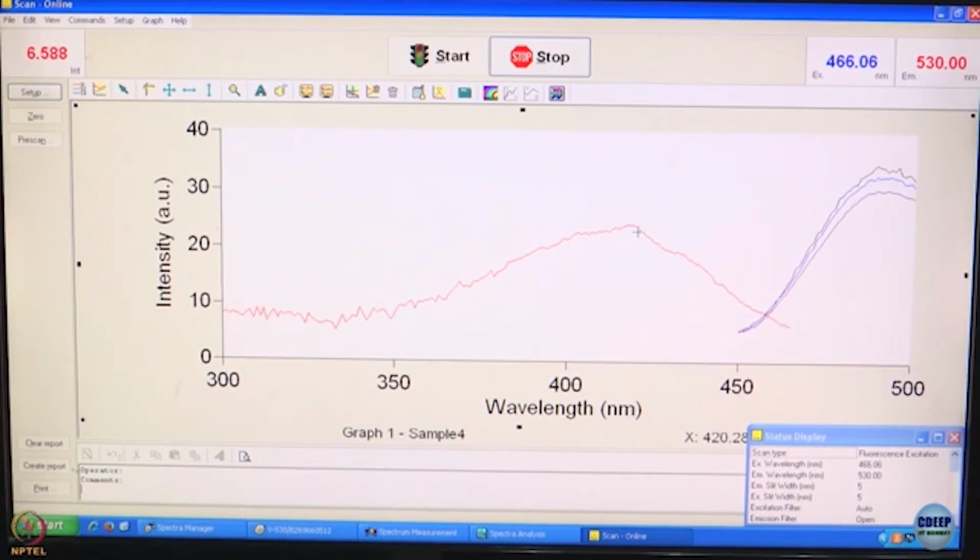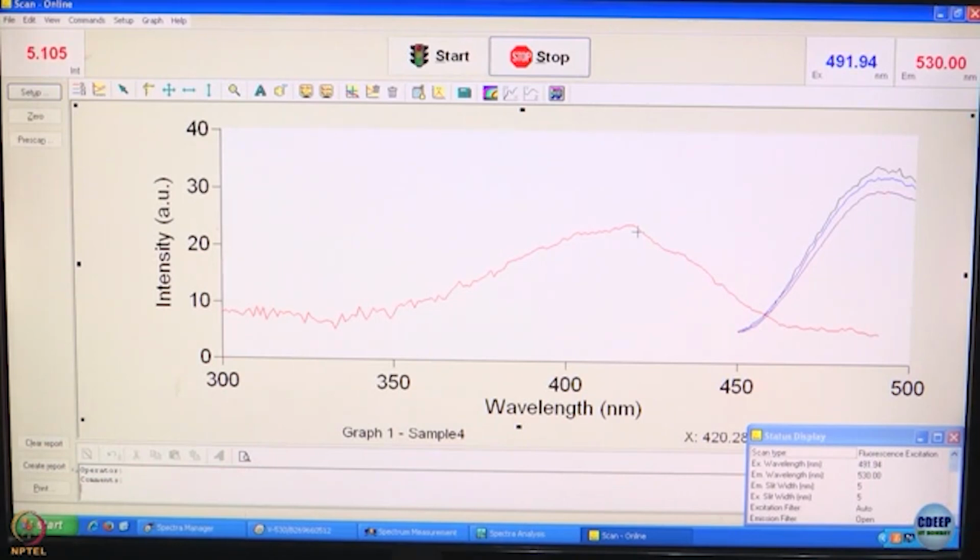This is a very, very important point to remember, because mismatch of absorption spectrum with excitation spectrum can mean something very bad, that you have an impurity, or something very good, that you have an interesting system at hand where the ground state is heterogeneous. So, please remember, when you want to do emission spectroscopy, please do not just go and record the emission spectrum.